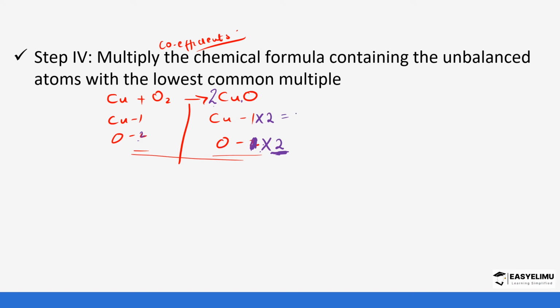So we have two copper atoms now, which affects the initial calculation that we had. So this affects this copper, and we need to balance it as well. To make the copper in the reactant also 2, we have to multiply by 2. Where do we put this coefficient 2 we have just multiplied? We put it in front of the copper.